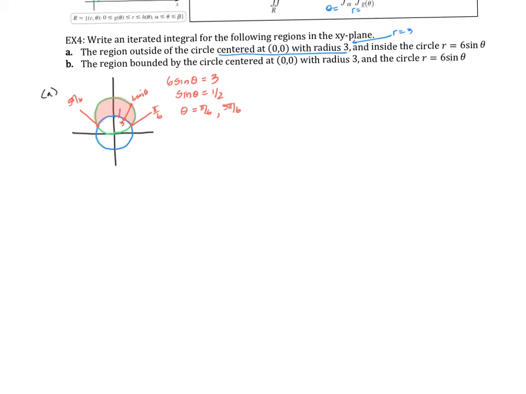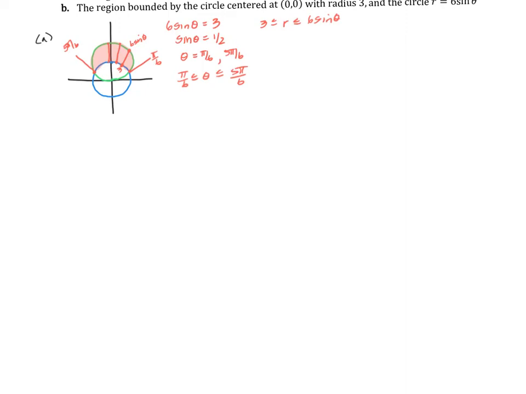So pick any distance here, and it's going to go from 3 to 6 sine theta. Which means my theta values are going to go from pi over 6 to 5 pi over 6, and my r values are going to go from 3 to 6 sine theta. It's a little bit of a challenge trying to figure out your limits of integration.